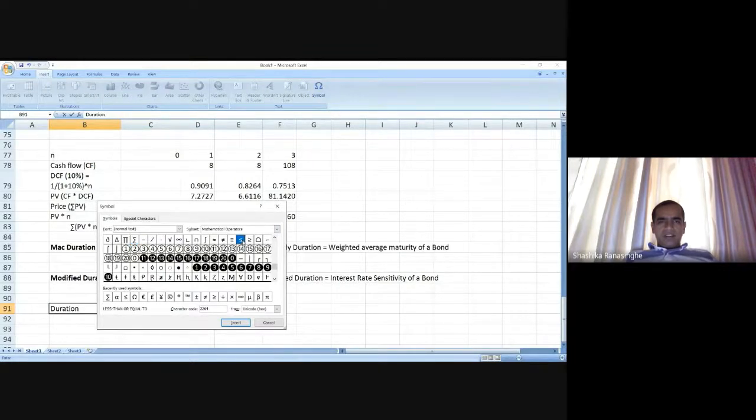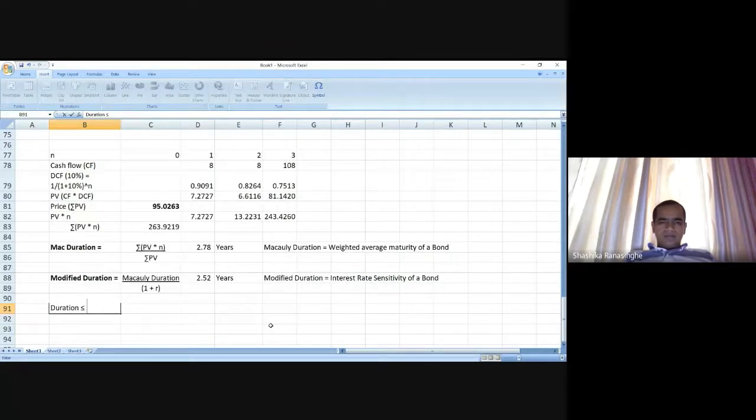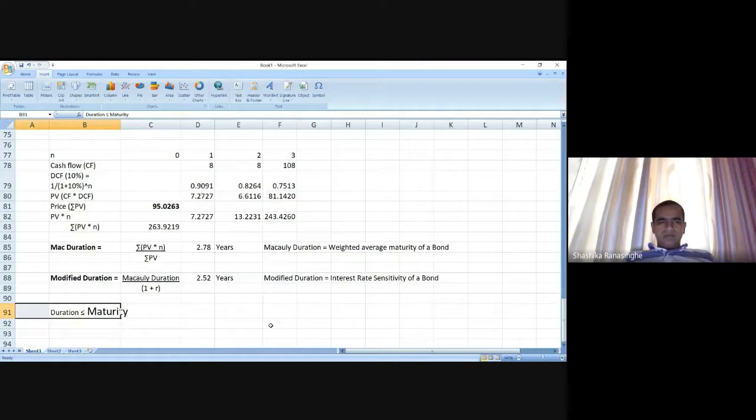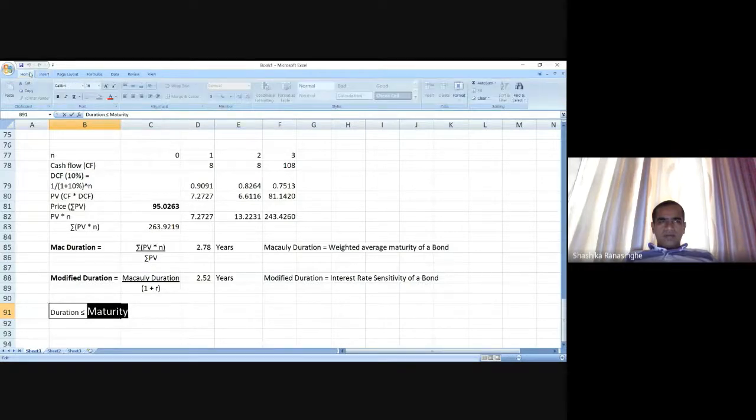So duration is always less than or equal to maturity. If I were the examiner, these are the things I will test.